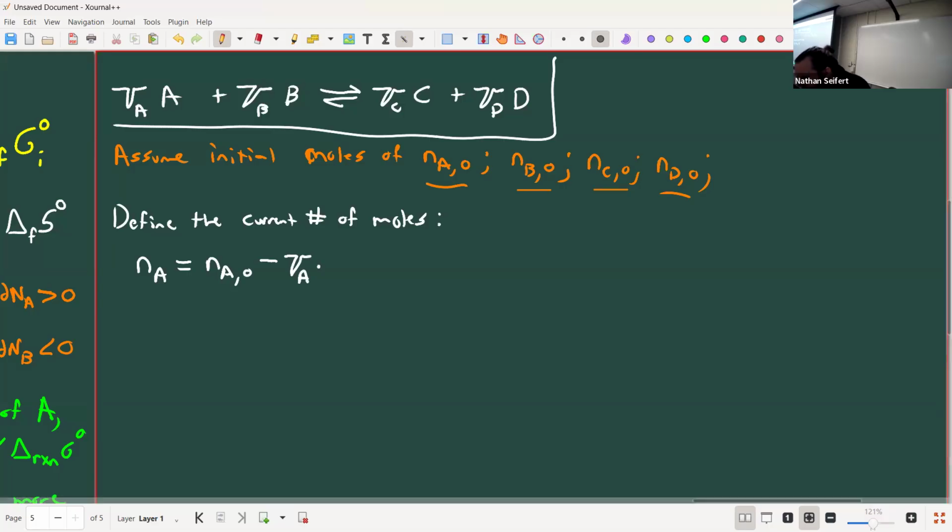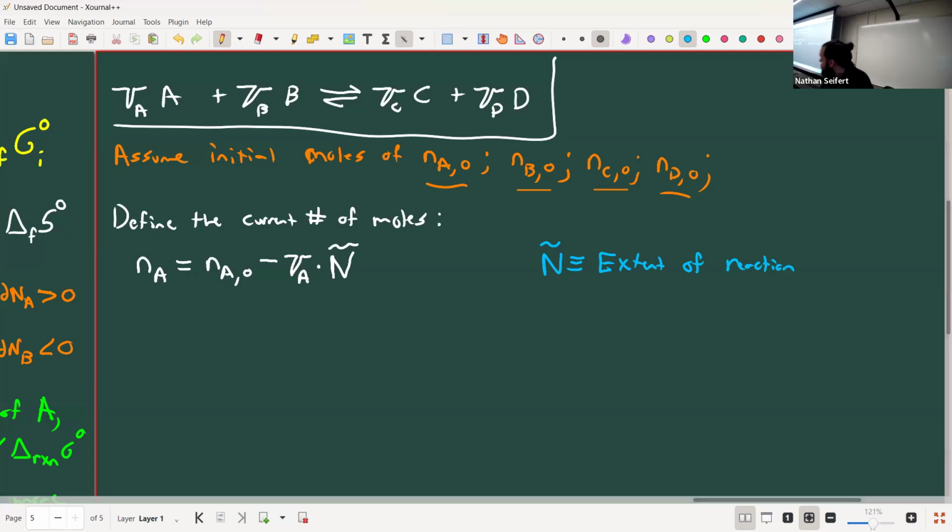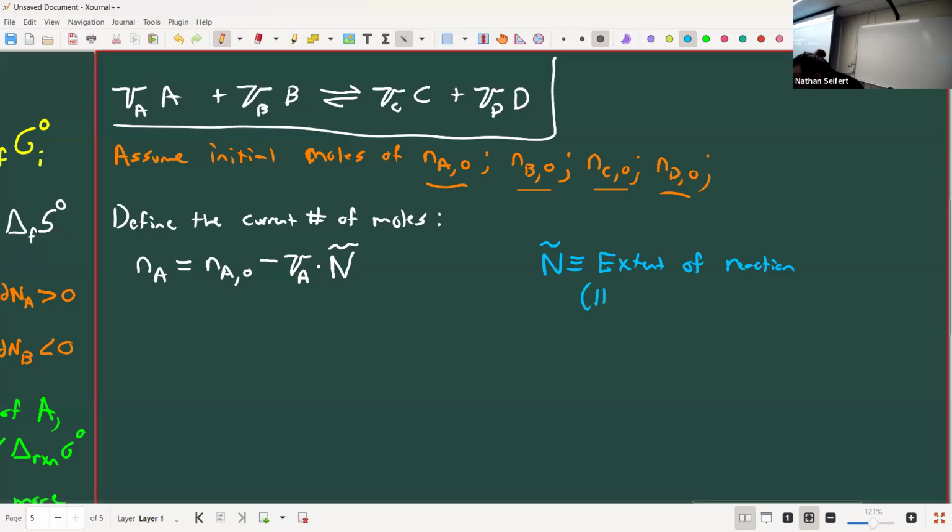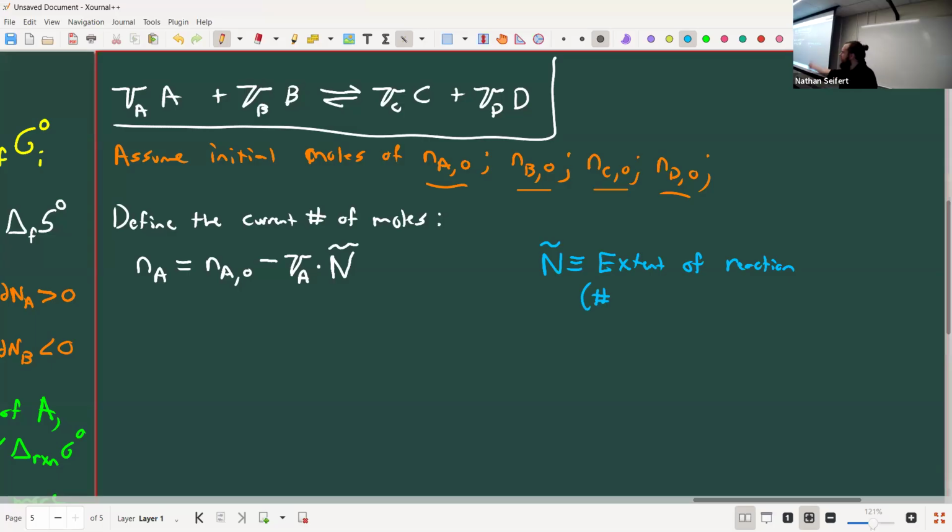Right? And we're going to multiply mu A by this number that I'm going to call the extent of reaction. I'm going to call it N with a squiggly. And this N is what's called the extent of reaction. You can just think of it as a number. It could be an integer or a number. It's basically how many times the reaction has proceeded. So you can maybe think of it as, if the reaction is a step process, every so many milliseconds there's a click and the reaction occurs, and the extent measures the number of clicks.